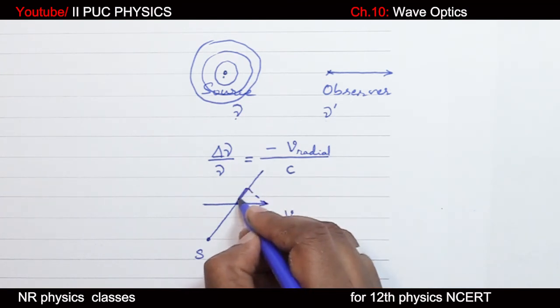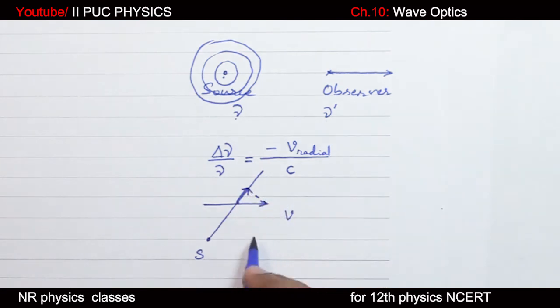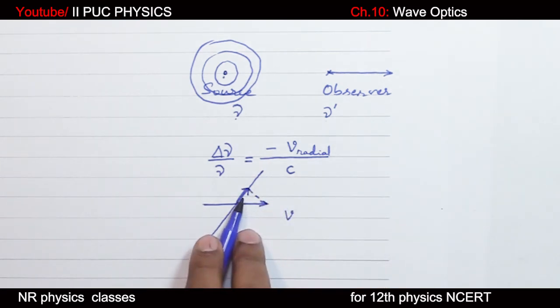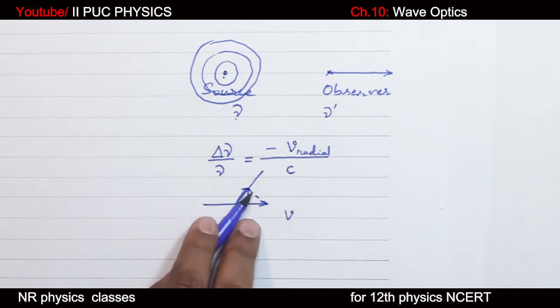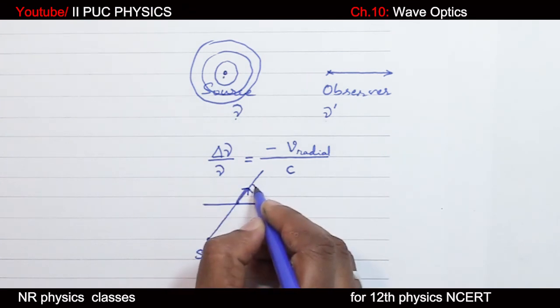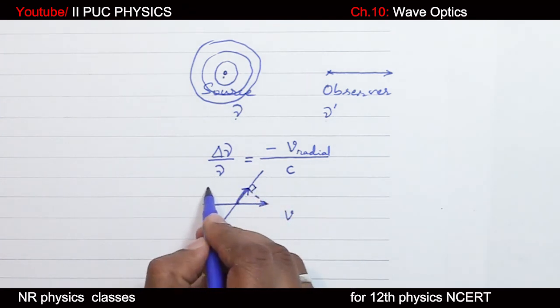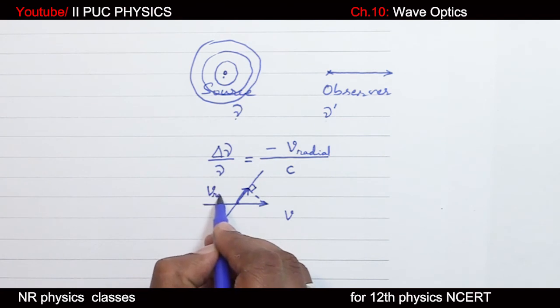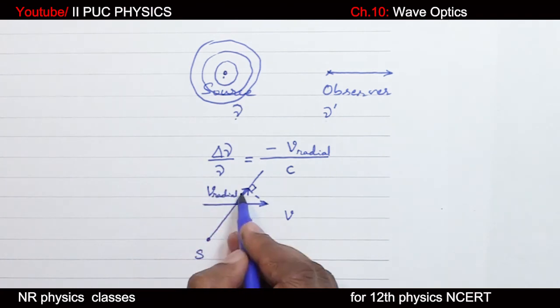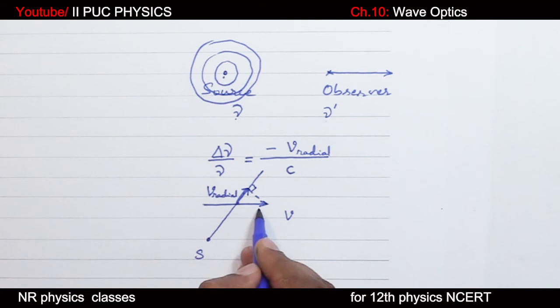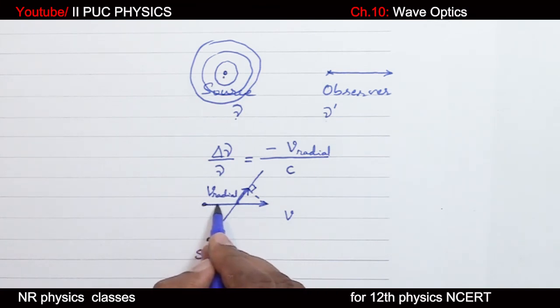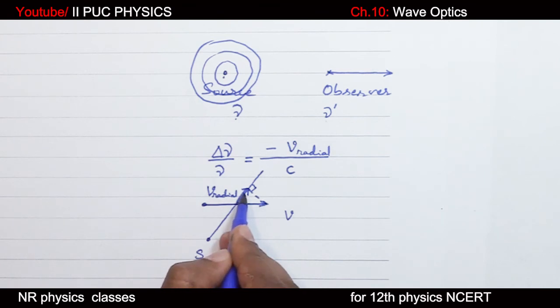This is the component. In last year's motion in a plane chapter, you have studied about components of a vector. To find components, you have to drop a perpendicular, so this angle is 90. This is V radial, the radial component of velocity. If the observer is moving, then find out the component of that velocity along the radius.